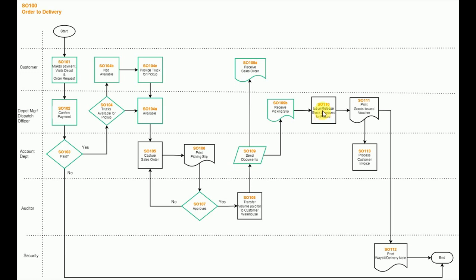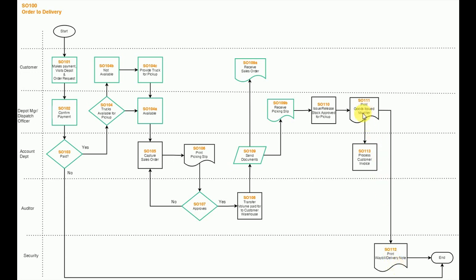So immediately that is done, the system automatically prints two documents, which is a goods issued voucher to actually show that those products or that volume of product has been issued out, and also prints out a waybill which is shown to the security officers before the customer can be allowed to take his product out of the premises.